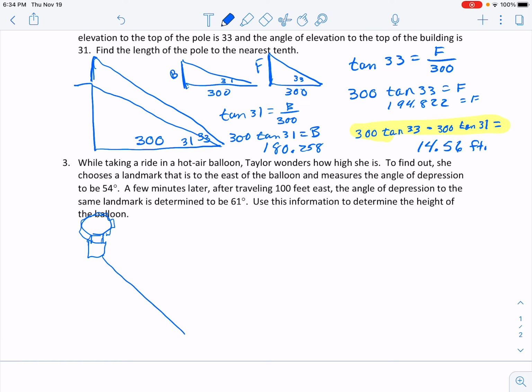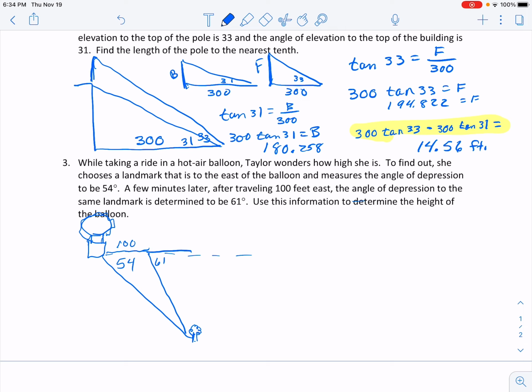She's looking at, let's say she picks a tree. Okay, the angle of depression is 54. A few minutes later, after traveling 100 feet, so she went this way 100 feet, the angle of depression to the same landmark is 61.